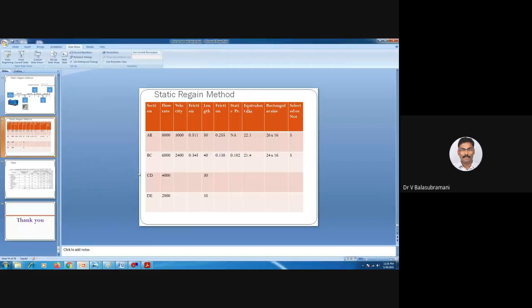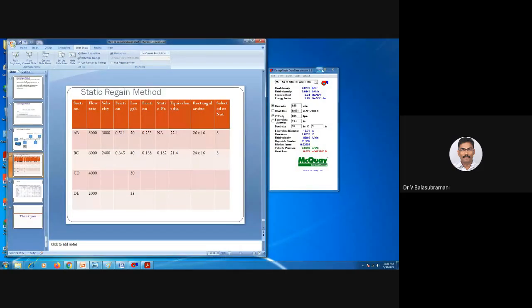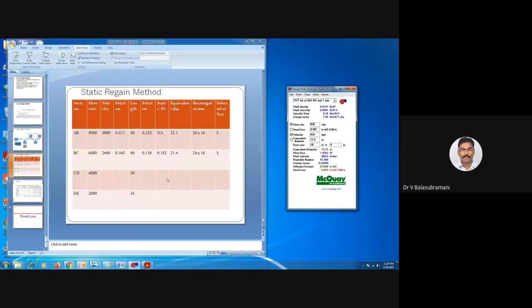Now I move to the problem. It gives a better idea. AB and BC, and if time permits, we will calculate CD also.